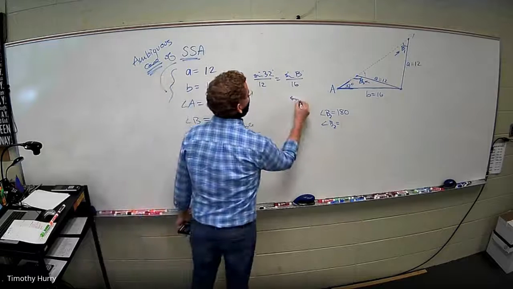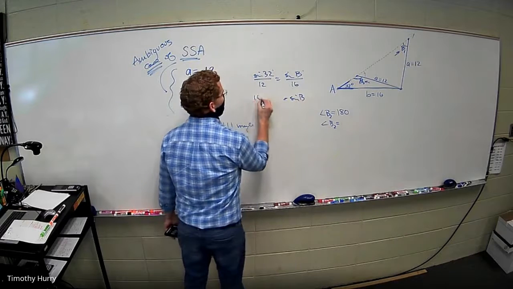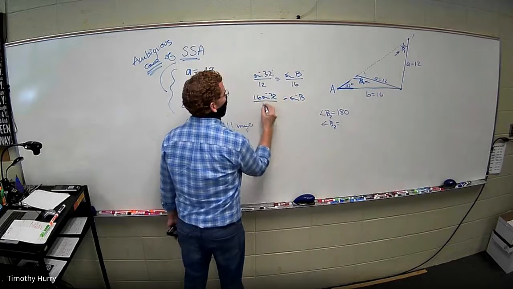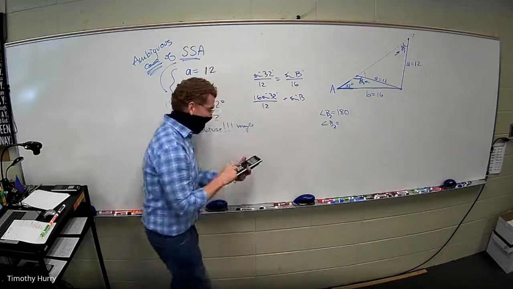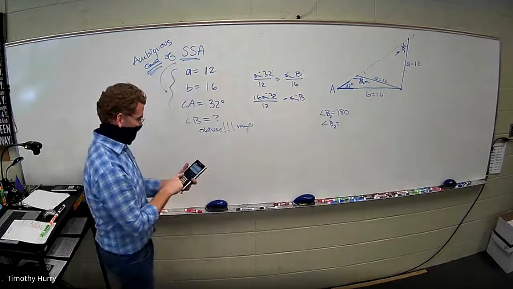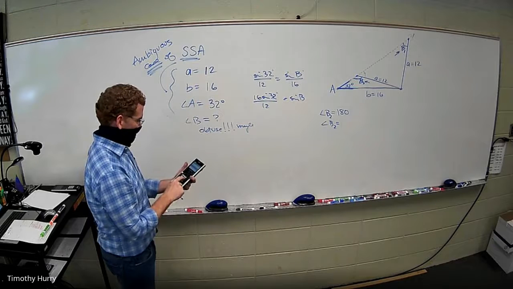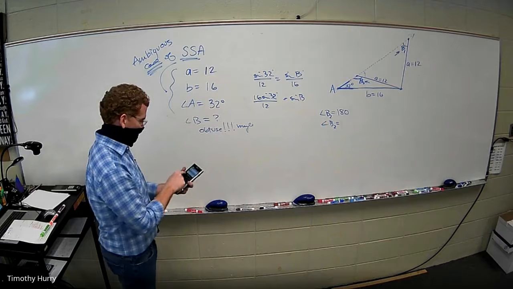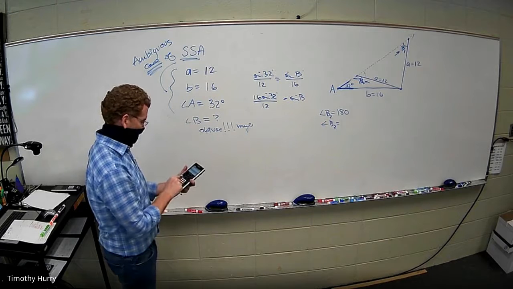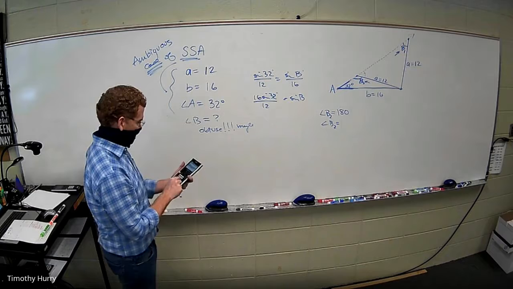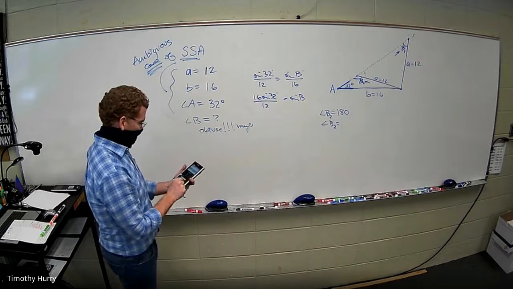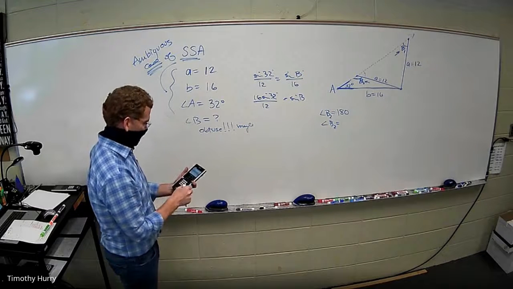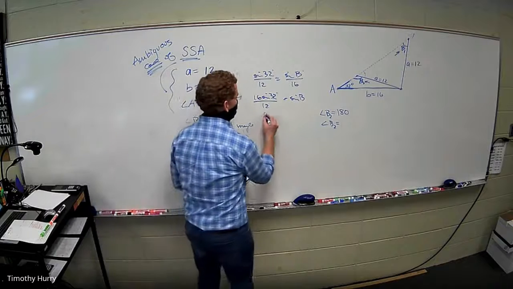Solving for B. Sine of 32 over 12, right? Plug that in your calculator. 16 sine of 32 divided by 12 gives me 0.707.